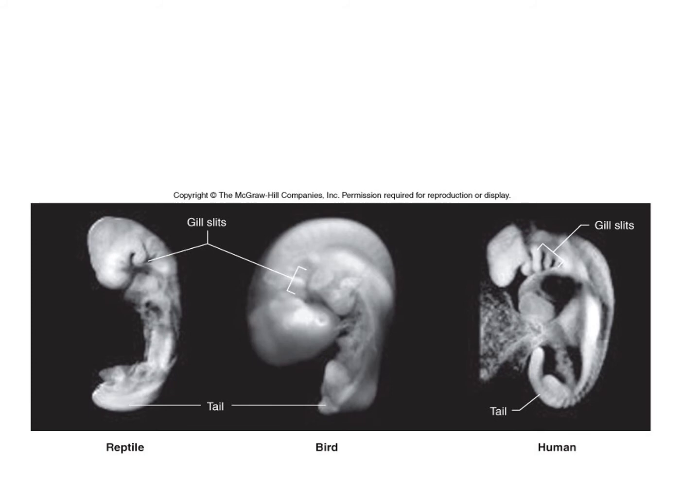In this embryonic series here, we have a reptile, a bird, and a human, and we see some homologous structures. All have a tail. Ours is quite reduced. We call it the coccyx. All have gill slits or pharyngeal pouches, although we don't have gills, right? But we all have these homologous features seen in the embryonic stage.